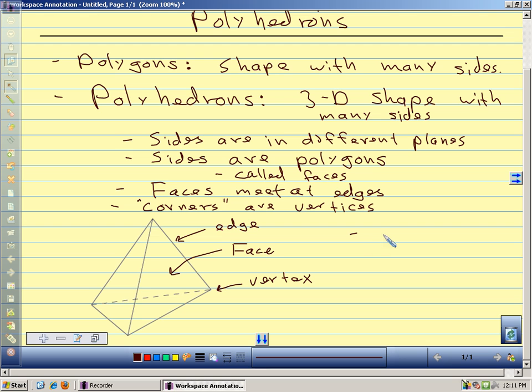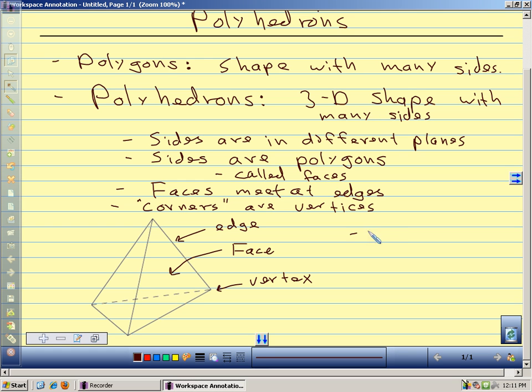When we talked about polygons, what did we mean when we said a polygon was a regular polygon? Anybody remember what a regular polygon meant? What did that tell us about the sides? Sam? They're all congruent. And the angles? All congruent as well. So a regular polygon, all the sides and all the angles are the same.